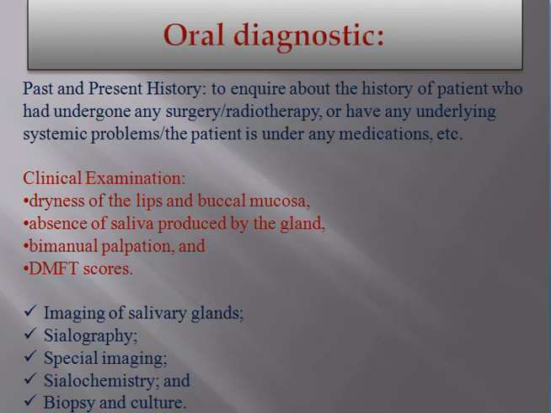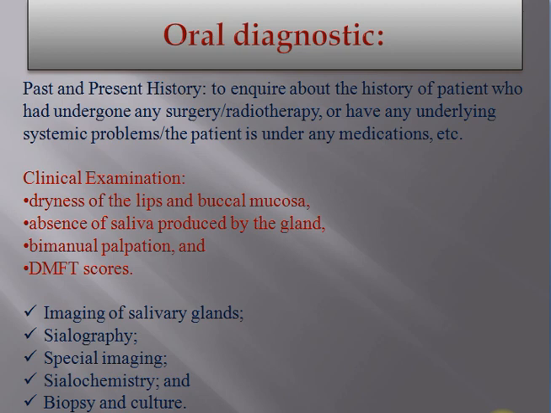A study by Navazesh suggests four clinical measures to diagnose hypofunction of the salivary glands. They are dryness of the lips and buccal mucosa, absence of saliva produced by the gland on manual palpation, and DMFT scores. And what is DMFT score? I hope you understand. That is the sum of the number of decayed, missing due to caries, and filled teeth in the permanent teeth.